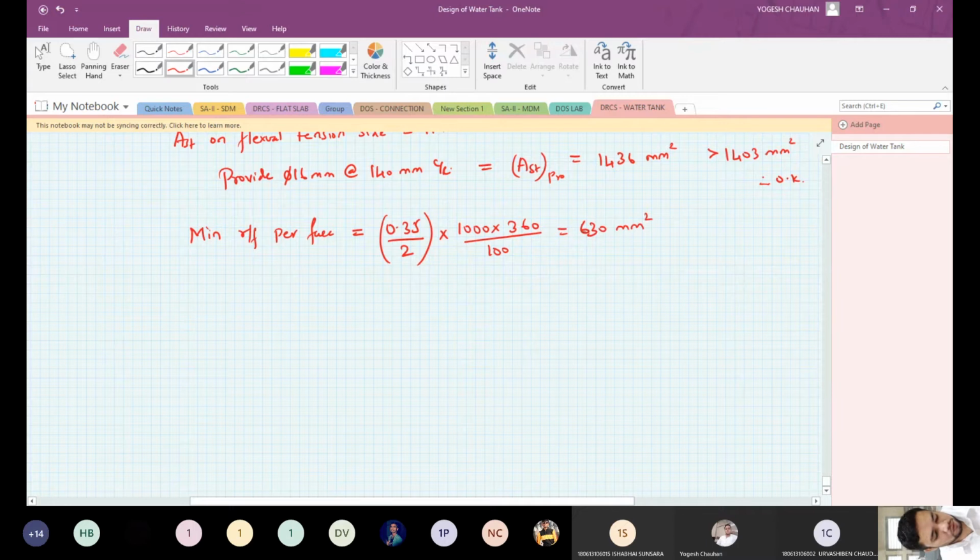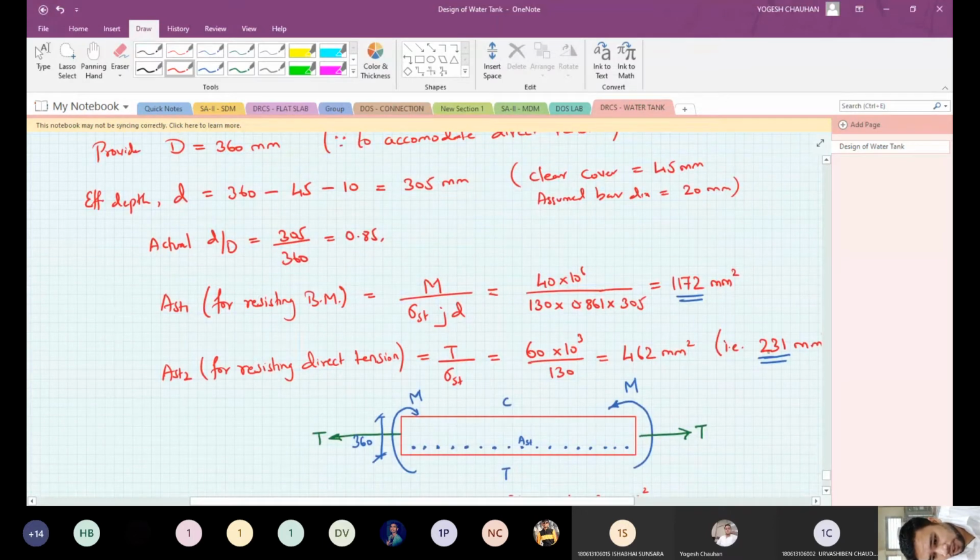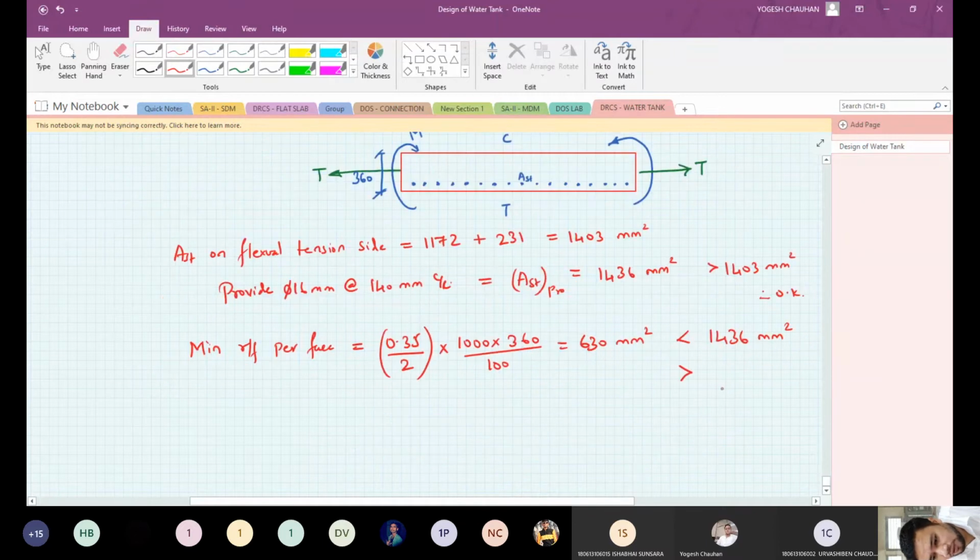So this amount is actually less than this 1436 mm square, but this is greater than this value, that is 231 mm square.